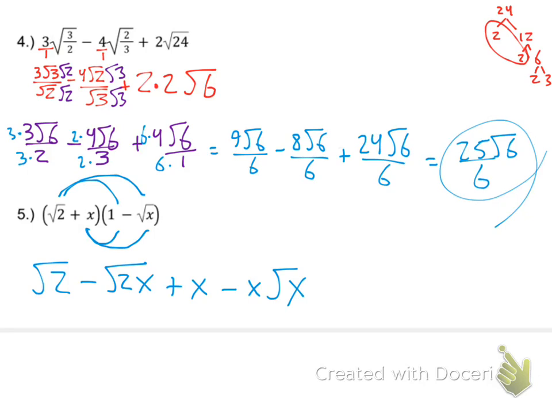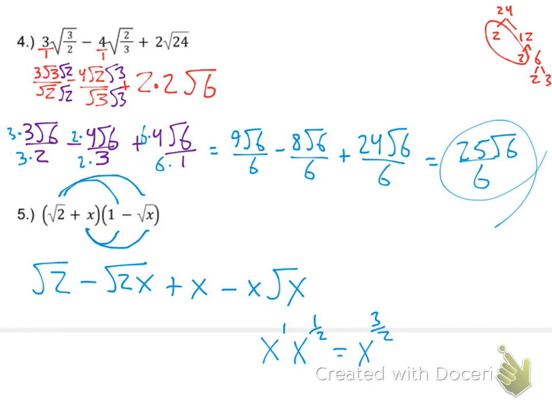Because this one has an x times the square root of x. Technically, this would be x to the first power times x to the 1/2 power, which is x to the 3/2 power. There are no other terms that have x to the 3/2 power.